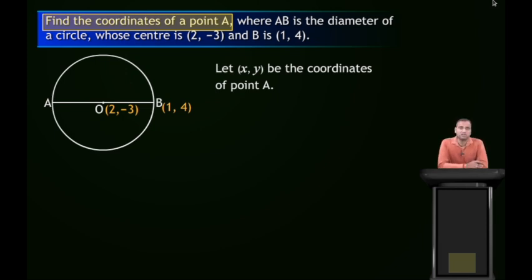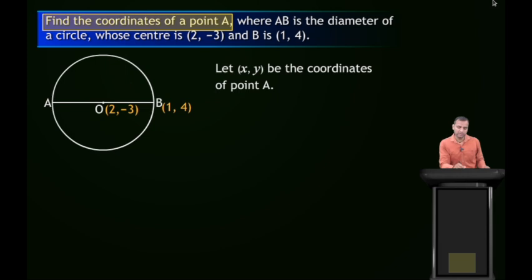Now I think you already know the midpoint of a diameter. What is the midpoint of a diameter? Yes, can you tell me? A diameter in a circle has midpoint as, yes, very good. Center is always at the midpoint of a diameter.